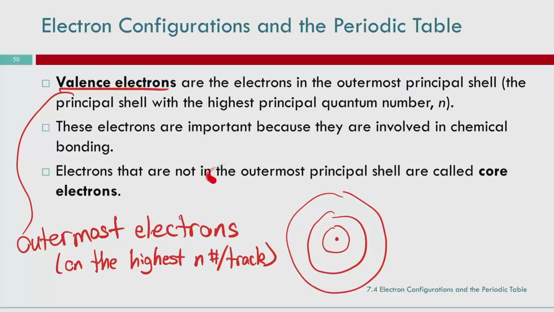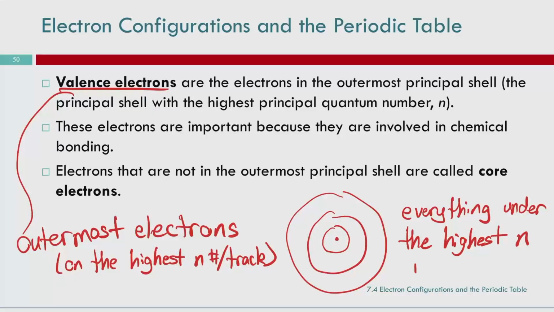Electrons that are not in the outermost principal shell are called core electrons. Everything under the highest n is core electrons.